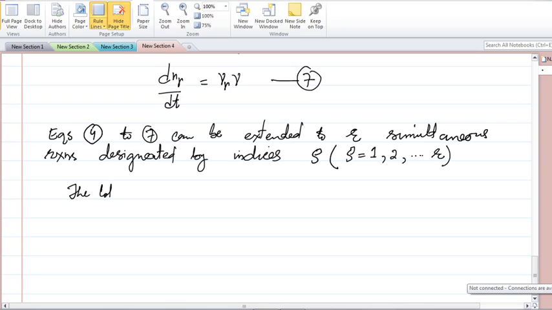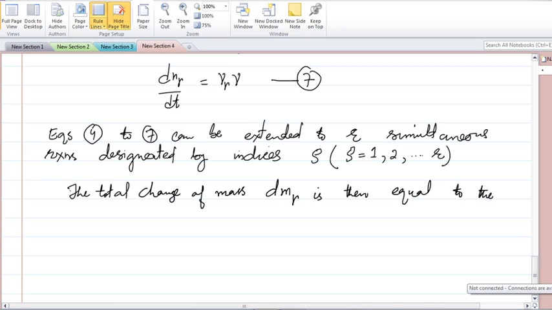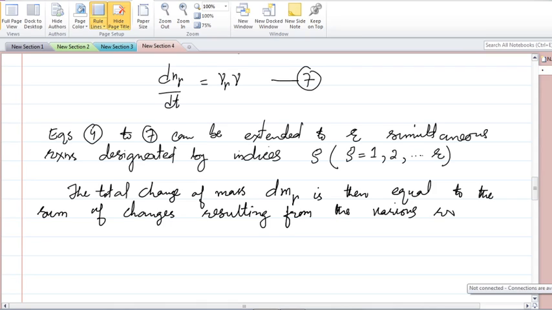So the total energy, or you can say in place of energy, we will use the total change of mass, suppose dm gamma, will be then equal to the sum of changes resulting from the various reactions.